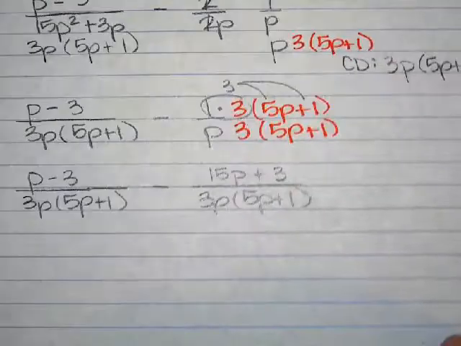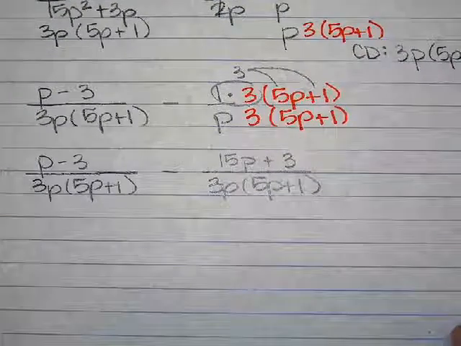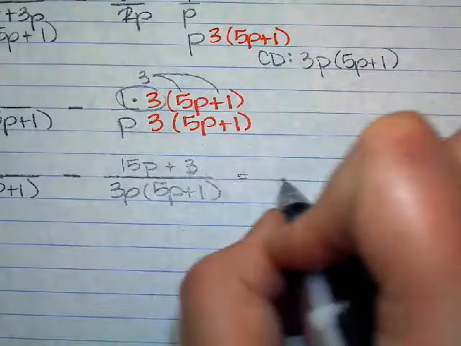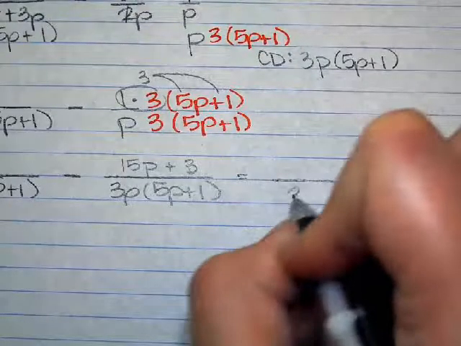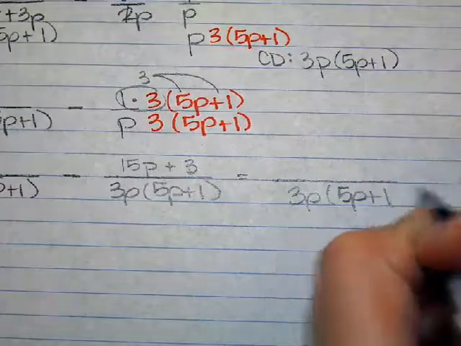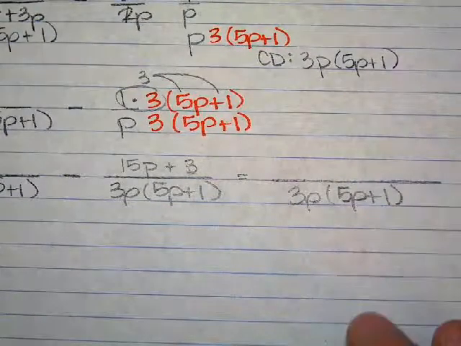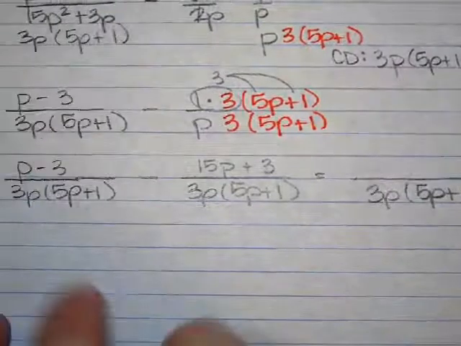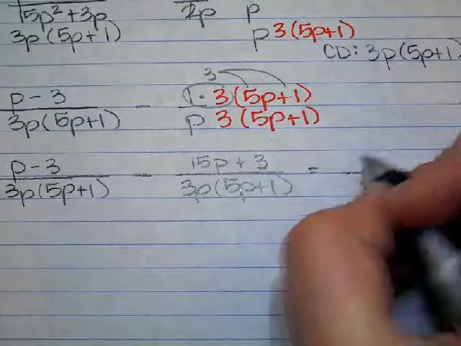And so now we have that common denominator of 3p times 5p plus 1. We have p minus 3 for the first one, that first rational expression.